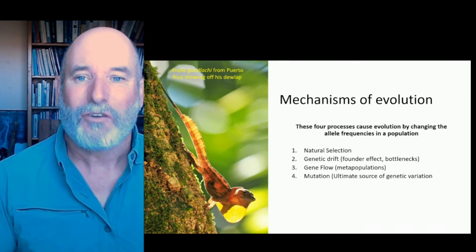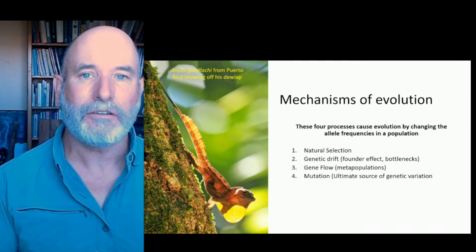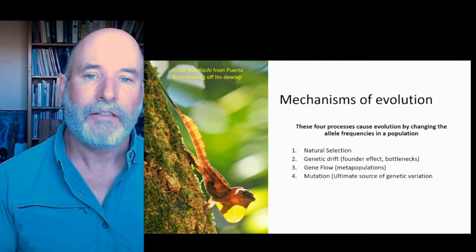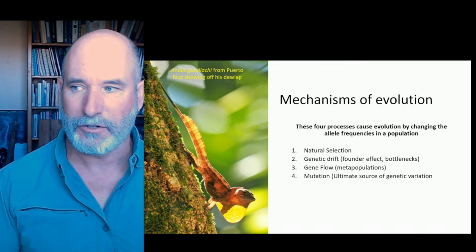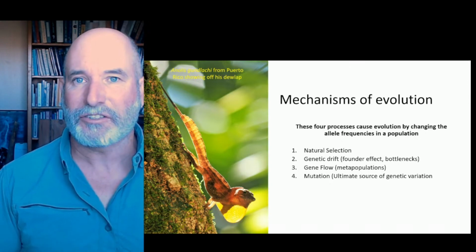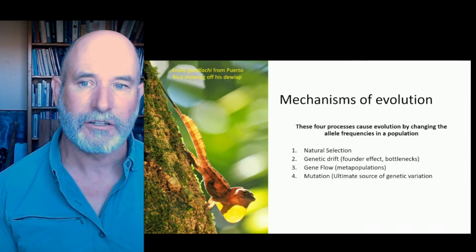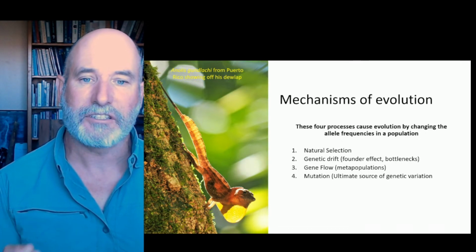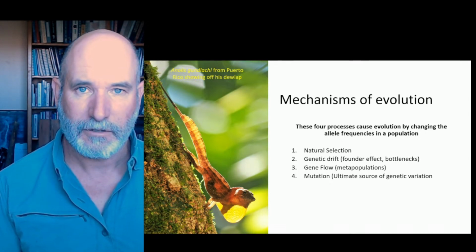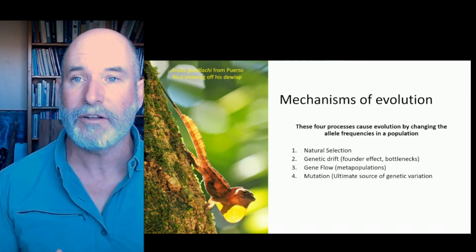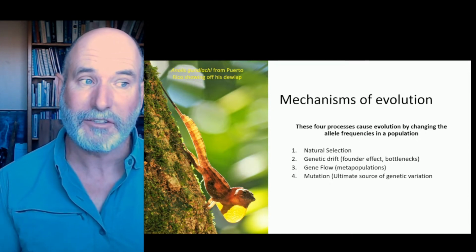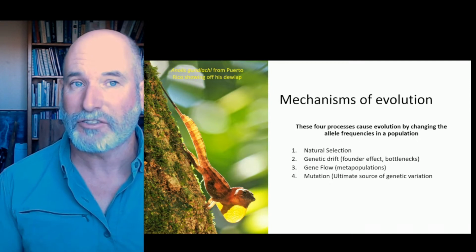Okay, now we're going to move on to these other definitions, these other mechanisms of evolution. So we know that natural selection, including sexual selection, is the only mechanism of evolution that causes adaptive evolution, meaning you're getting more fit to the environment. Specifically, when we talk about fitness, that's how much offspring you produce.